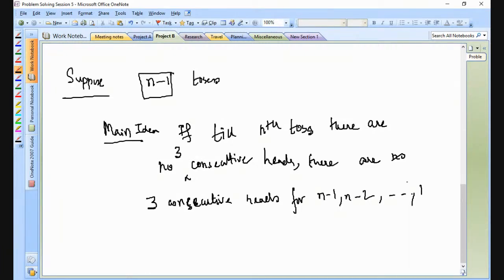You understand the idea? So when can 3 consecutive heads occur? That's my question.